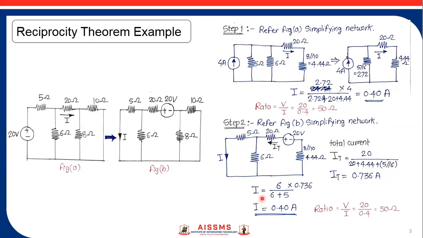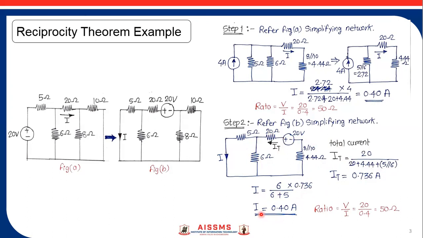And for current I, since 5 and 6 are in parallel, the total current IT is 20 volt divided by the total resistance. Applying the current division rule, I equals 6 divided by 6 plus 5 into the main current IT, 0.736.